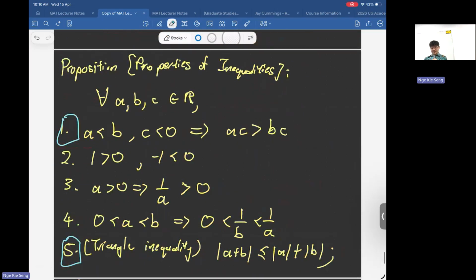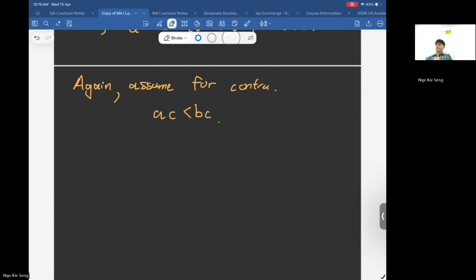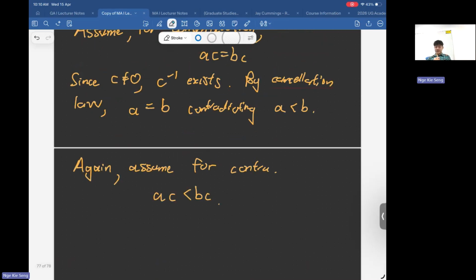You try to cancel out the C, so it's like using proposition one, multiplying something on both sides. The problem here is we don't have anything to do with the cancellation law if it is a strict inequality.